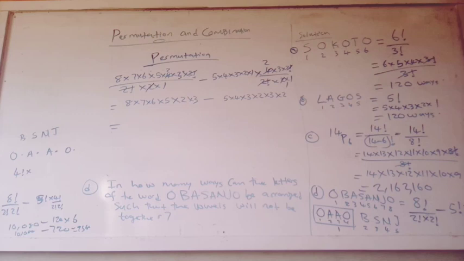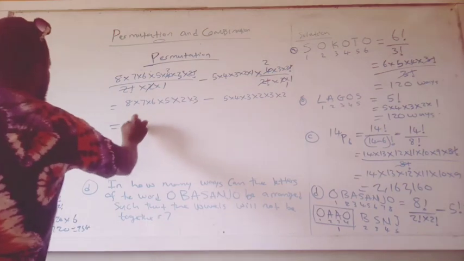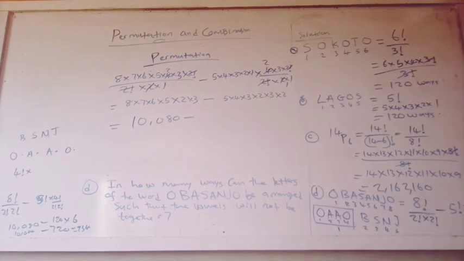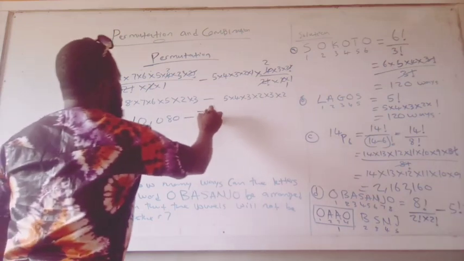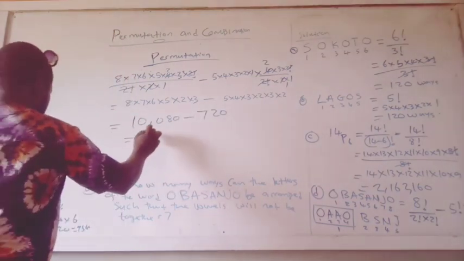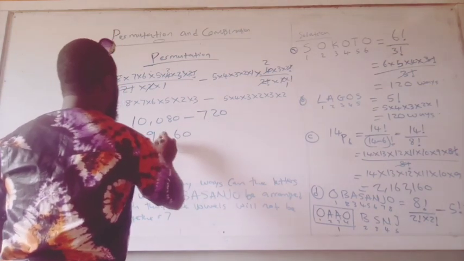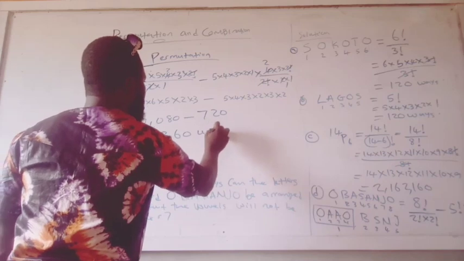So if you do that, this will give us 10,080 minus, and if you do that, you have 720, and the final answer will give us 9,360 ways.